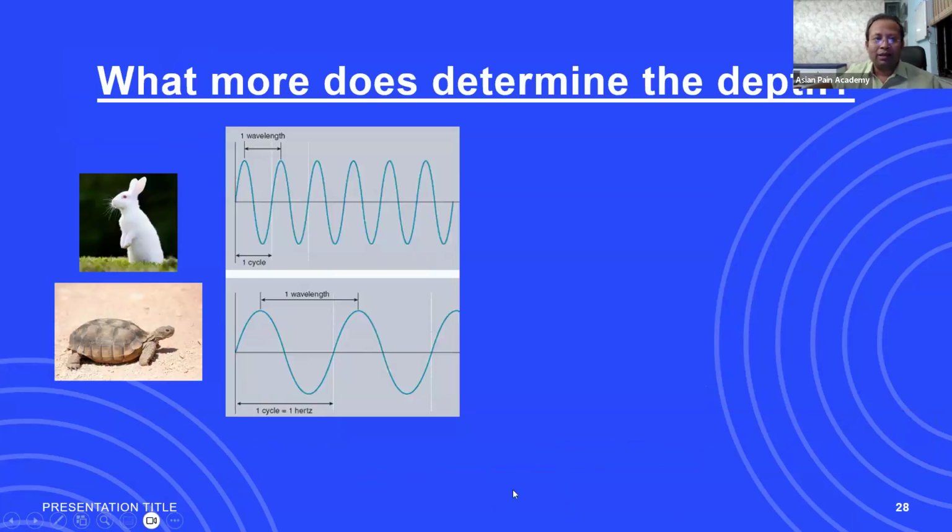I was saying that we all have learned the story of the tortoise and the rabbit. You can say that the rabbit goes faster and smaller steps, like high frequency or low frequency, and the same depth can be crossed by a different number of cycles.